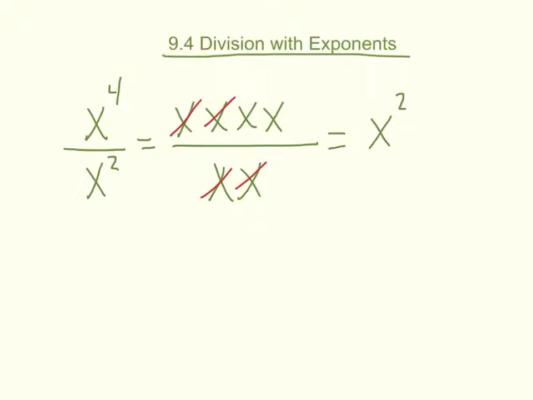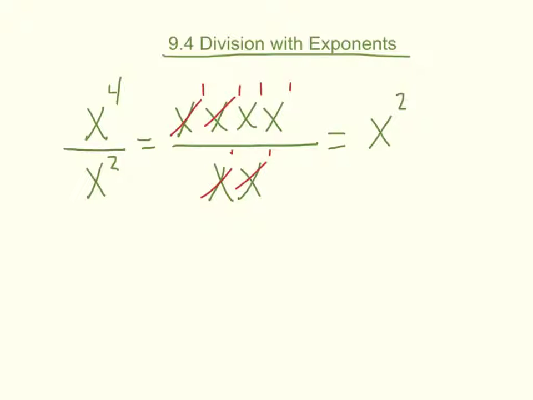How do I get to an exponent of 2 when I started with 4 and 2? Well, if you think about it, when I multiplied, I would add the exponents: 1 plus 1 plus 1 plus 1 is 4. And since division is the opposite of multiplication, doesn't it make sense that we do the opposite with our exponents?